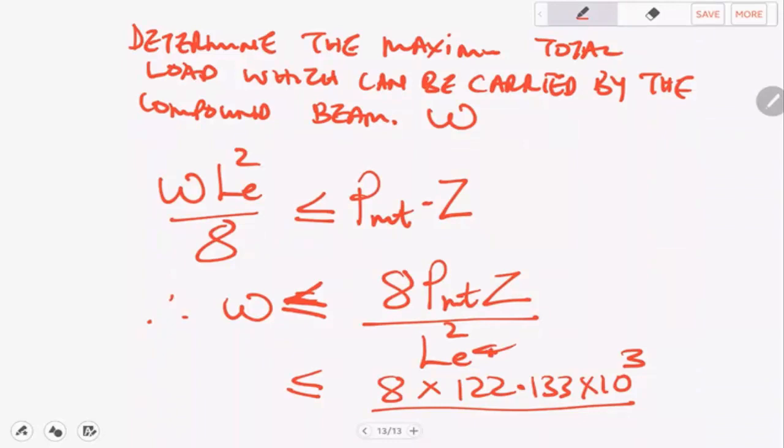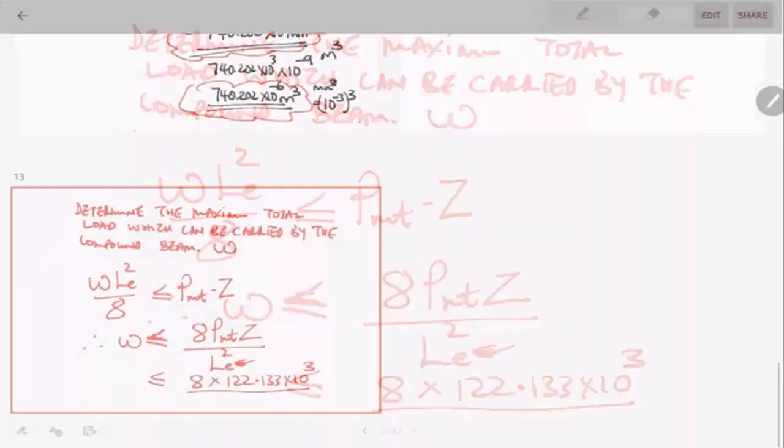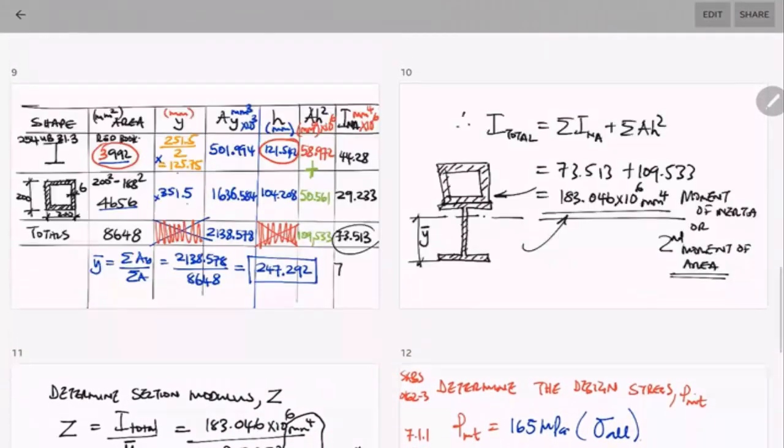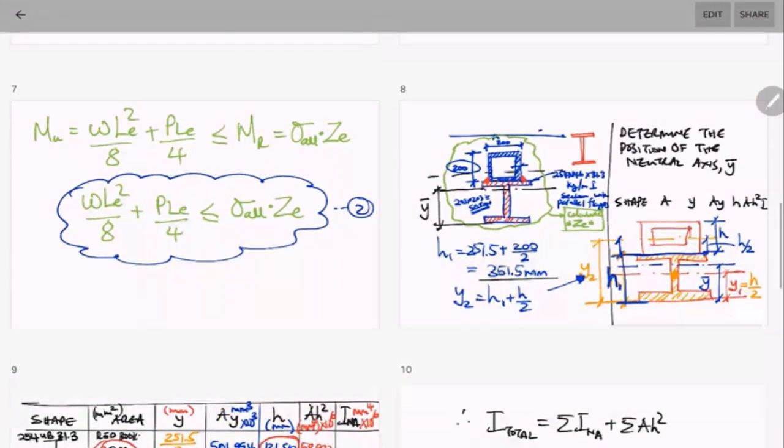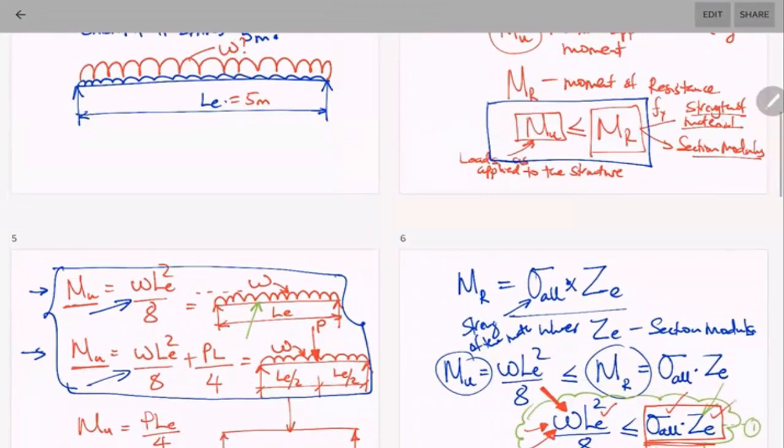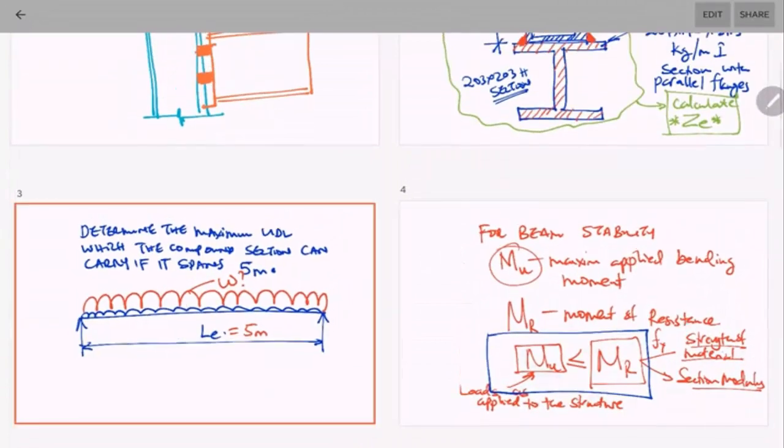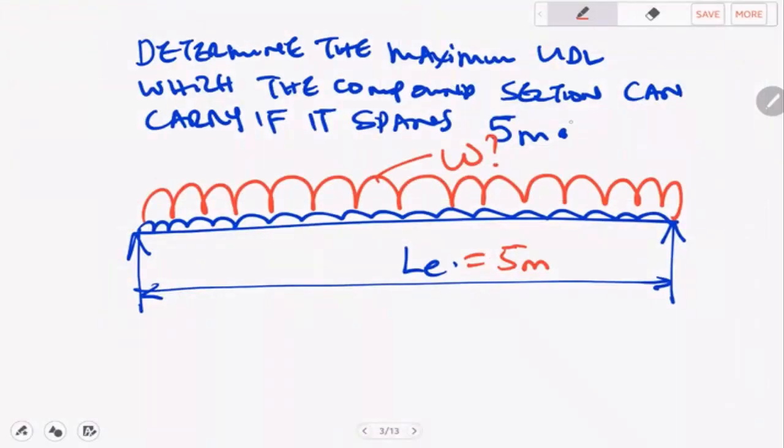Remember, L_E is your span. What span are we dealing with, by the way? We are dealing with 5 meters.